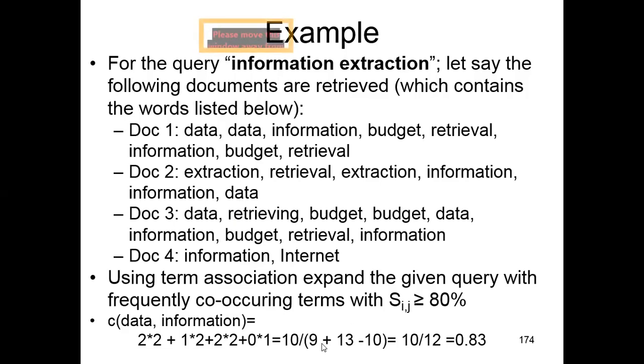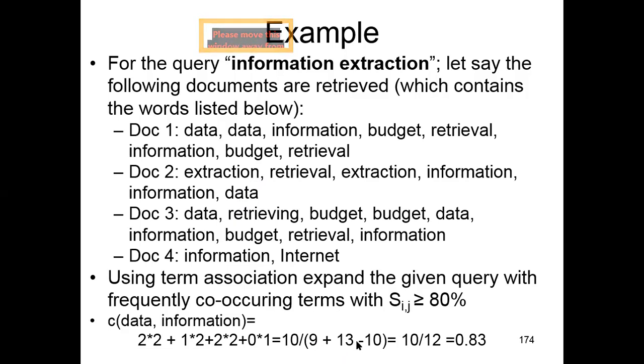So we take 9 plus the co-occurrence of information with information. In the first document, 2 times 2, 4, plus again 2 times 2, 4, 8, plus 4 is 12, plus 1 times 1, 13.